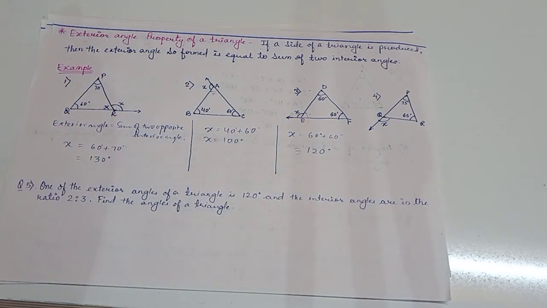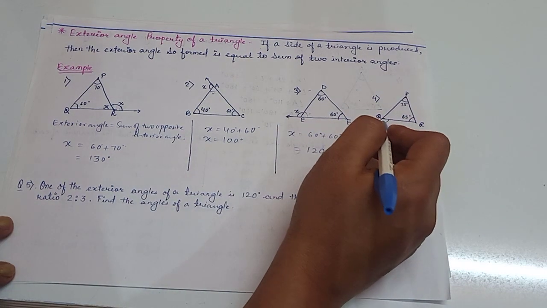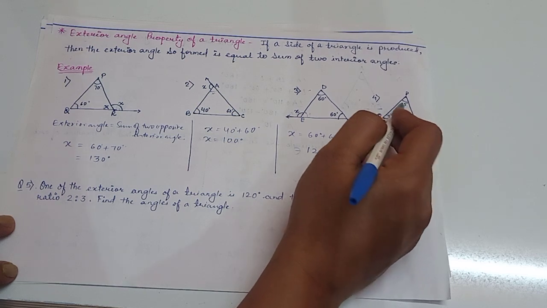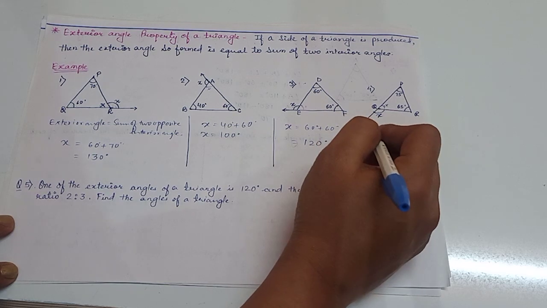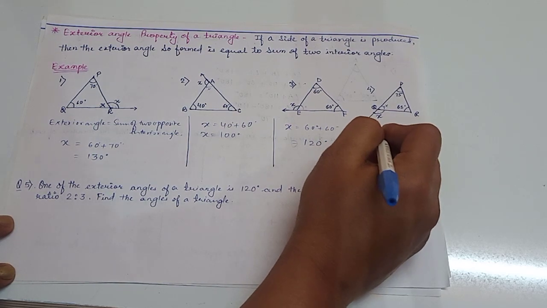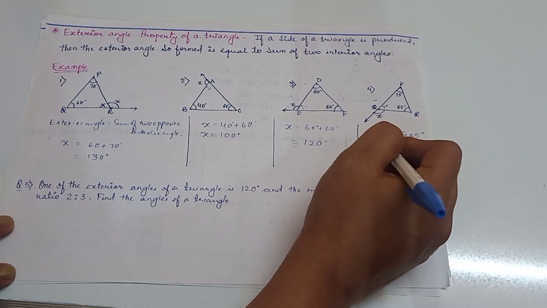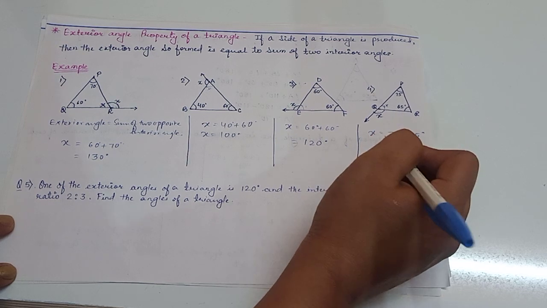Now the next angle over here, see, this one is again an exterior angle. So again the adjacent angle is not to be considered. These will be the two opposite interior angles. So here we can take x is equal to 75 degrees plus 65 degrees, which will be equal to 140 degrees.